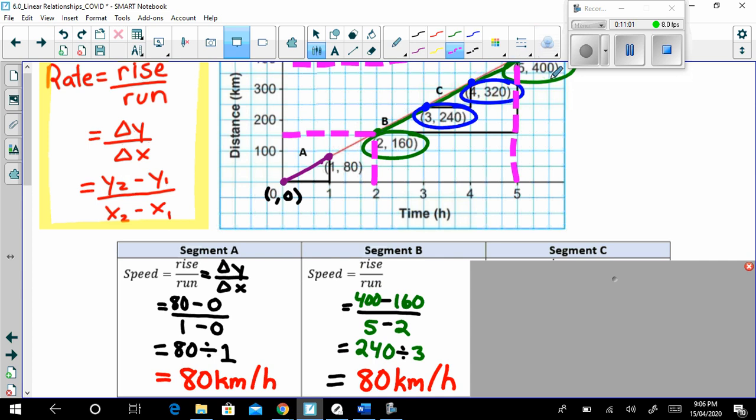So we take that second value, subtract the first one, and that means that the difference is 240 kilometers. From here to here is 240. Then we're going to do the run, so that's the difference in our time. From here to here, 5 minus 2 is 3 hours, and when you divide those, you get 80 kilometers an hour.